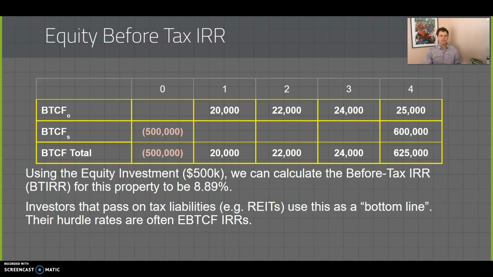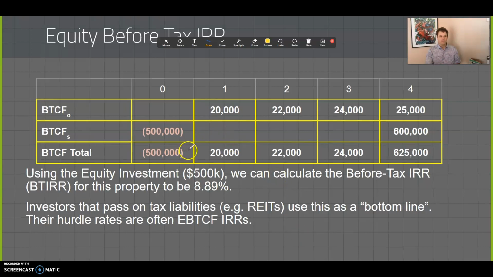Now let me add all that up to get my total before tax cash flow. This adds up the income side and the capital transaction side to give me a line item representing the money that I put in.